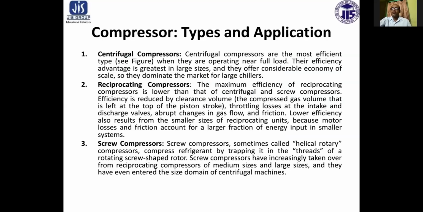So first of all, compressors, types and applications. What is a compressor? A compressor is a device which compresses some input media and delivers that media to a higher pressure where required.